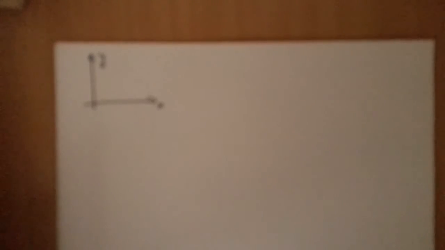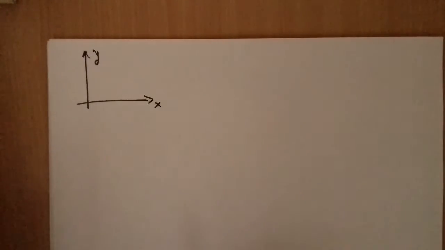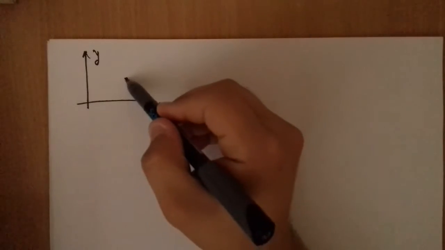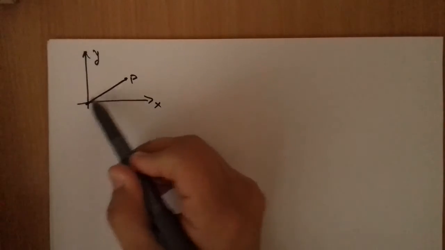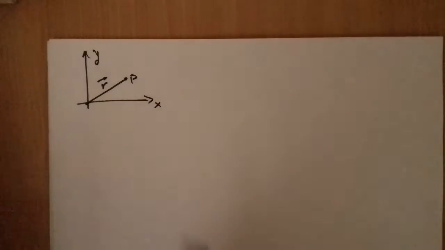So we begin with some coordinates here. This is x and this is y. So we have the point P here and this vector here, which is the r vector.